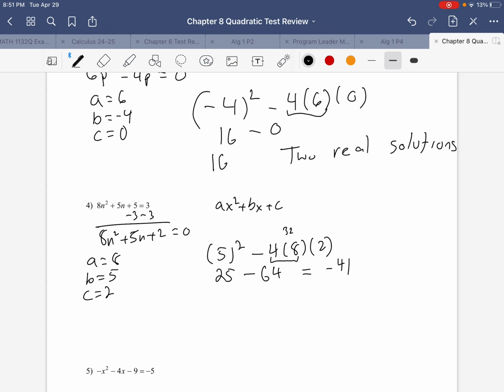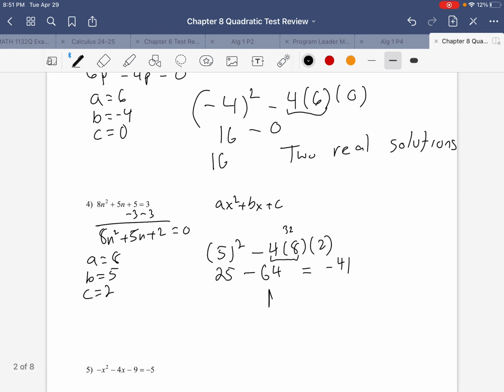Because I get, and even if we got this part here, when we get the negative sign, this is going to be no real solutions. Technically, there's 2 imaginary numbers, 2 complex solutions, but there's going to be no real solutions.